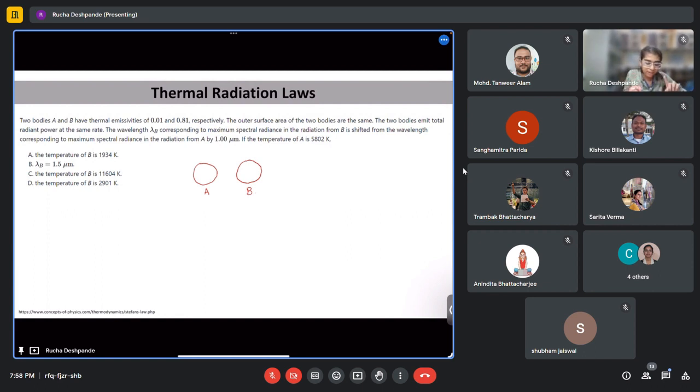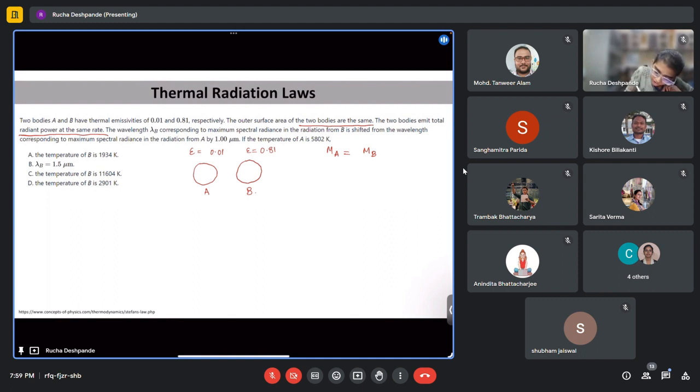So we have two bodies, A and B, and here the thermal emissivity is 0.01 and here it's 0.81. The outer surface area of the two bodies are the same, and these two bodies emit total radiant power at the same rate. So M capital A would be equal to M capital B because they're radiating the total radiant power at the same rate.